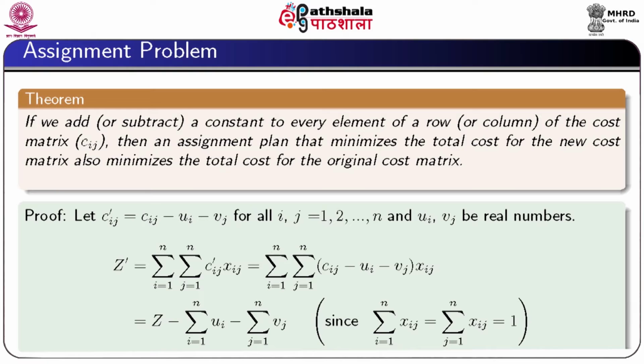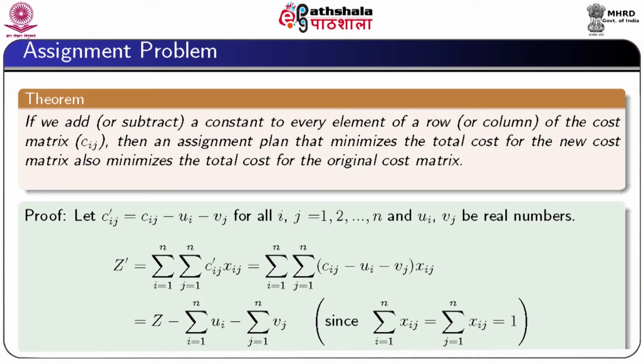Now, if I simplify it, then we get z dashed equal to z minus sigma ui minus sigma vj, since sigma Xij is equal to 1 when i varies from 1 up to n, and also sigma Xij is equal to 1 when j varies from 1 up to n.